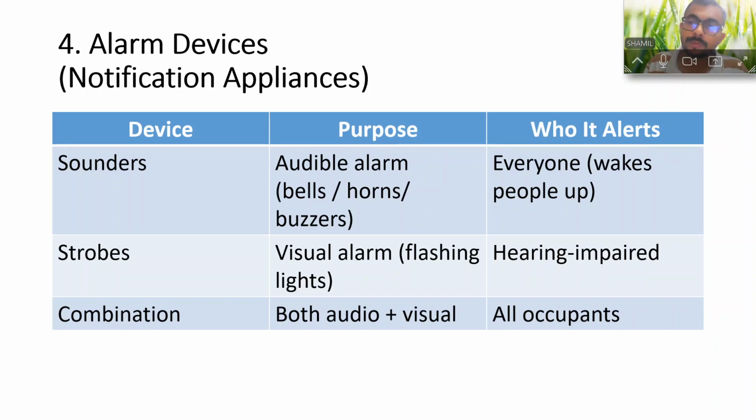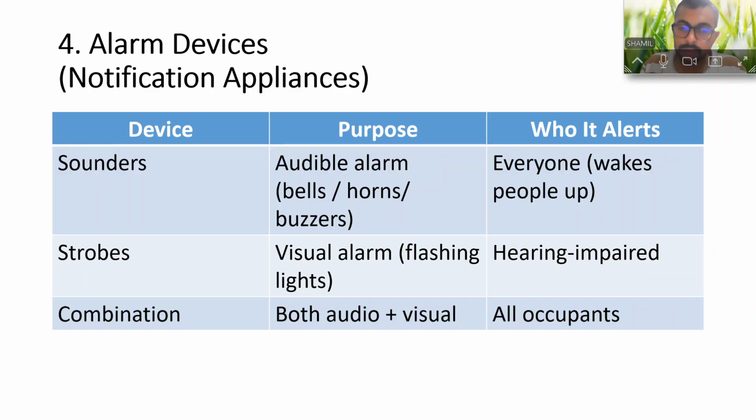Now, what are the strobes? The strobes are designed for people with hearing impairment, who will have difficulty hearing. For such people, strobe lights are provided. Then we have the combination of both, the strobes and the sounders, which serves all the occupants in the building.